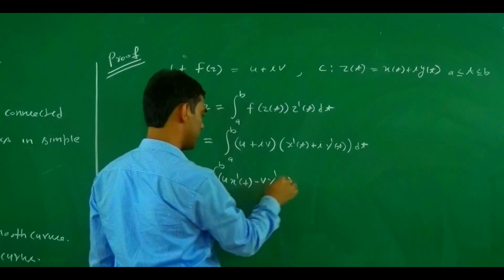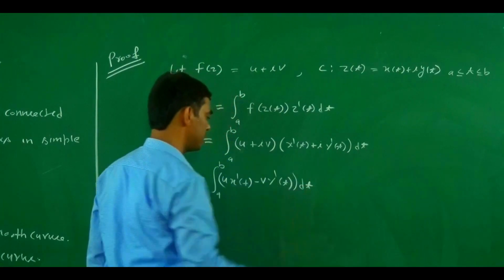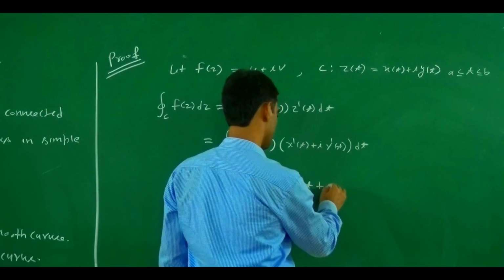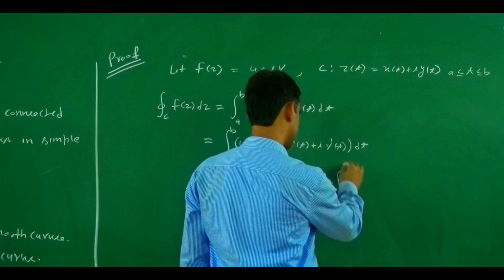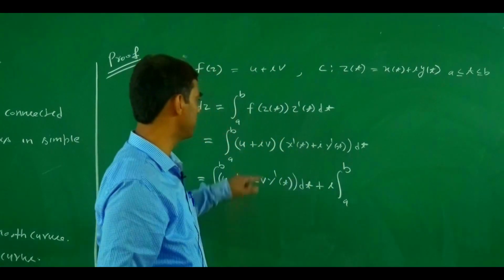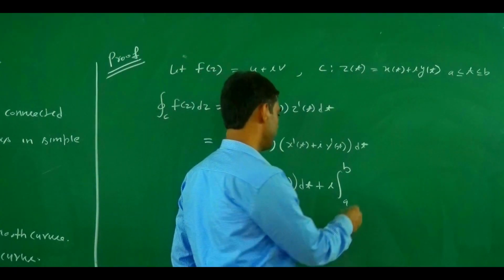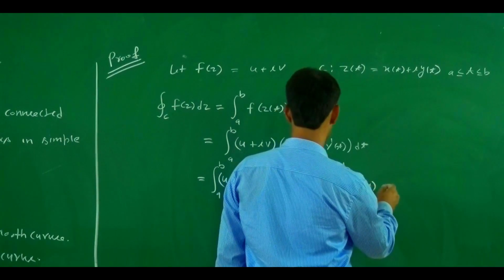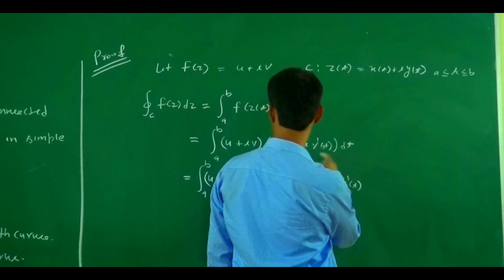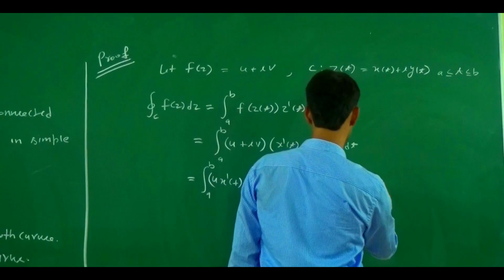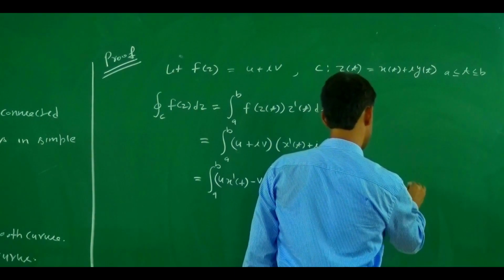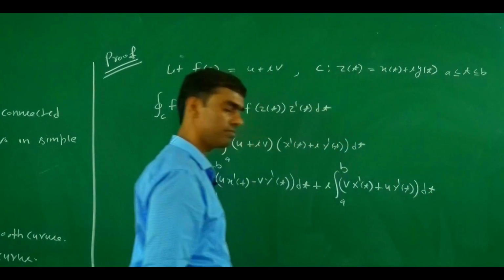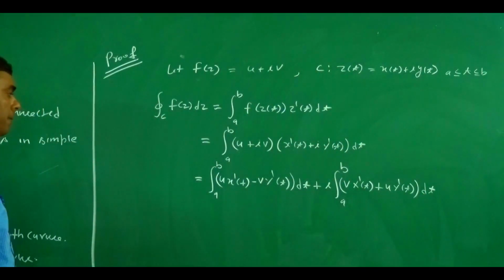This one is the real part, and we write the real part with dt from a to b, plus i times the integral from a to b of the imaginary part. What is the imaginary part? v x'(t) plus u y'(t), all of this times dt.